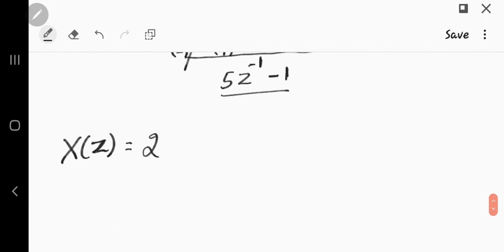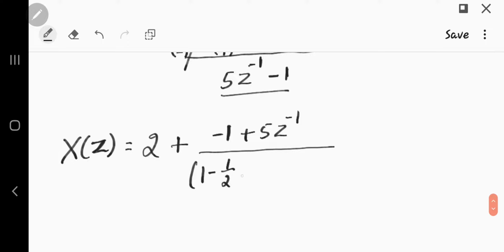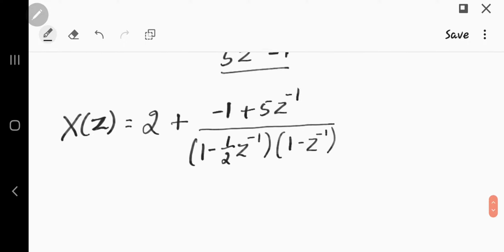So the quotient is 2 plus this, then our new numerator is minus 1 plus 5 z inverse in the right order, divided by, since we have found the factors, I'll write the factors directly here: 1 by 2 z inverse, 1 minus z inverse. These can be interchanged. You can write 1 first, and after that you can write 1 by 2, whichever you find better.